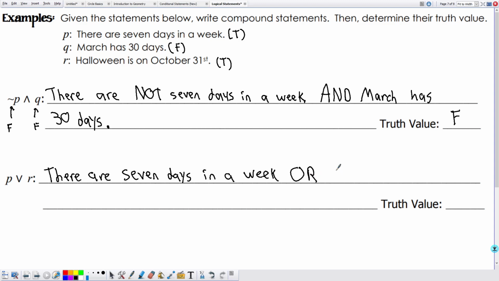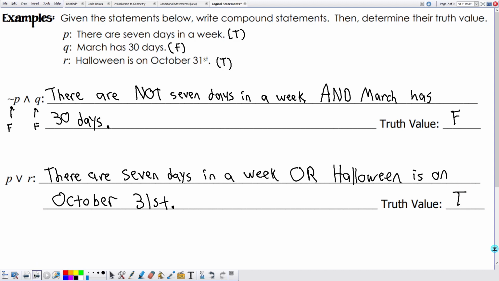And then statement R, Halloween is on October 31st. And both of these statements are true, so the entire truth value is true.